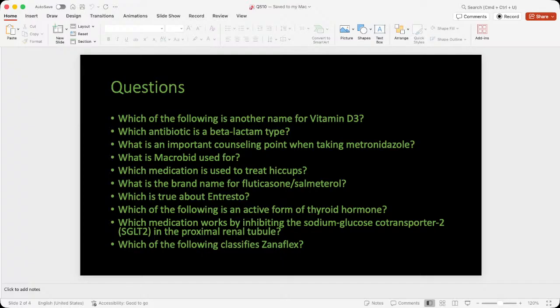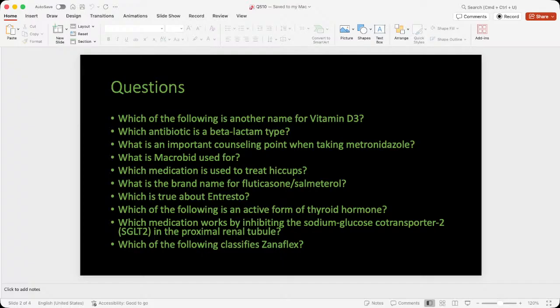Entresto is essentially a cardiovascular, heart, blood pressure type of medication. You might see it in practice, but be careful. Patients on Entresto shouldn't be taking an ACE inhibitor or ARB while they're taking Entresto, and definitely not an ARB because it's going to be a duplication.